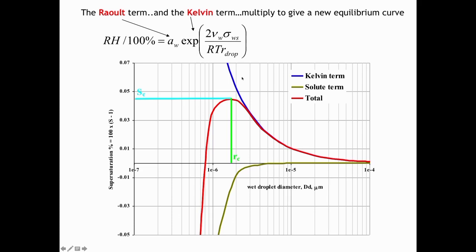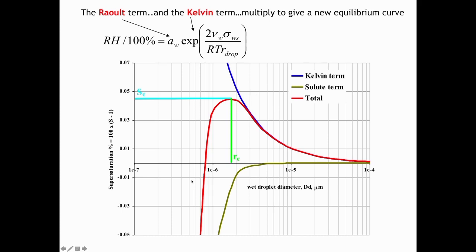And overall, the net sum of these two curves gives you the red curve. And if you increase above this value of critical supersaturation, it means your particle has grown above this critical radius, and you will now be a cloud drop, and you'll just grow.